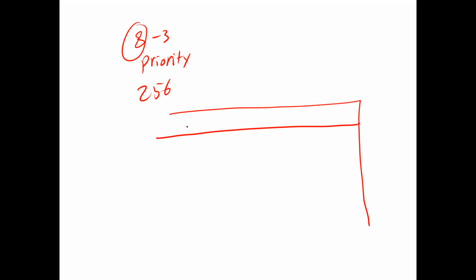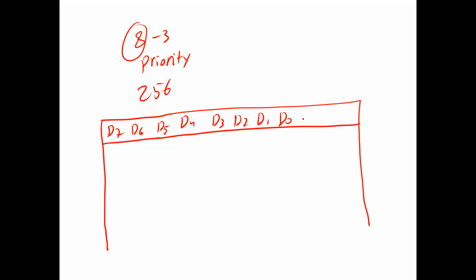We had a truth table that we wrote when we designed some encoders in CEN211. We had D7, D6, D5, D4, D3, D2, D1, D0, and the outputs, let's say A2, A1, A0.